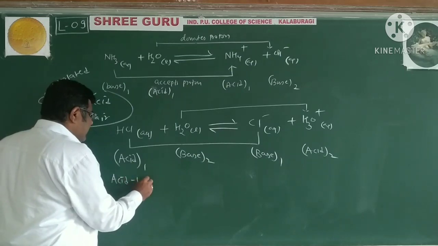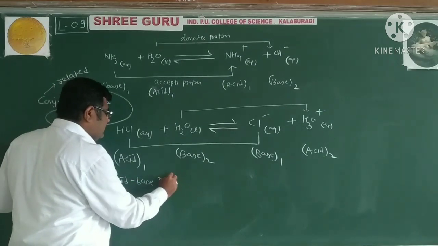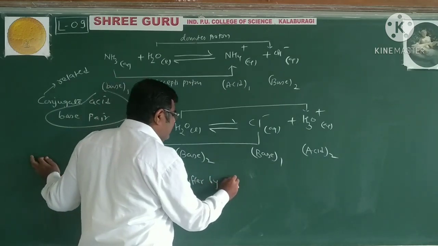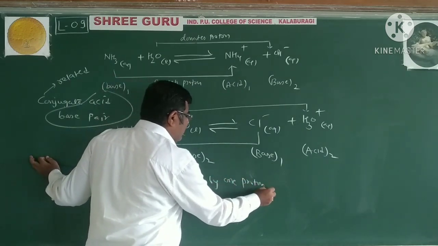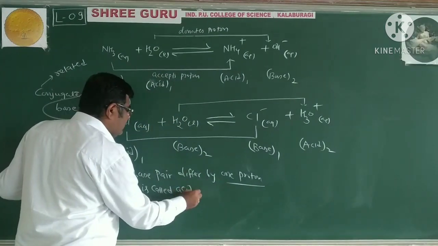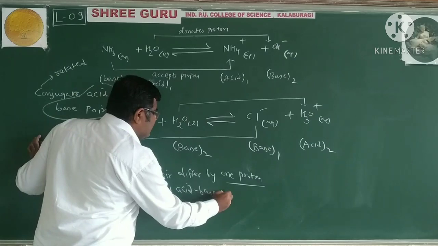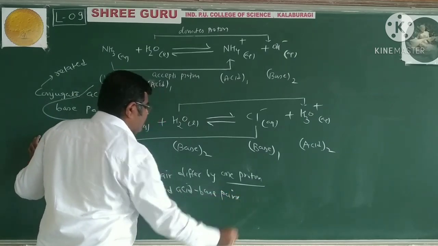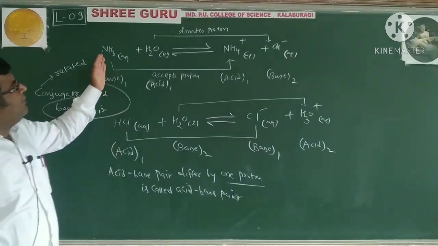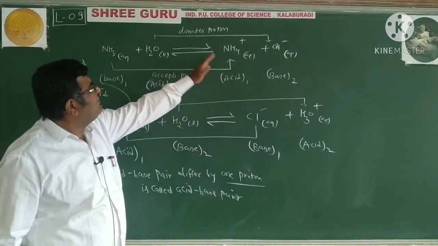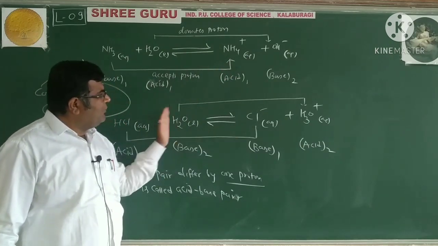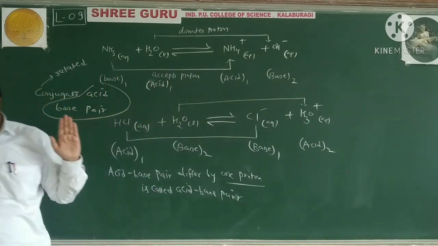The examples are NH3, NH4+, H2O, OH negative, HCl, Cl negative, H2O, H3O+.